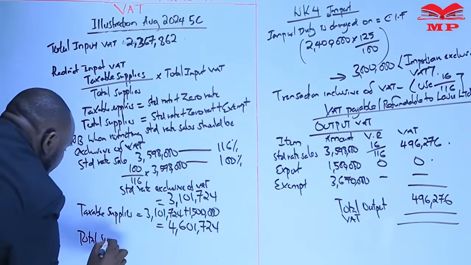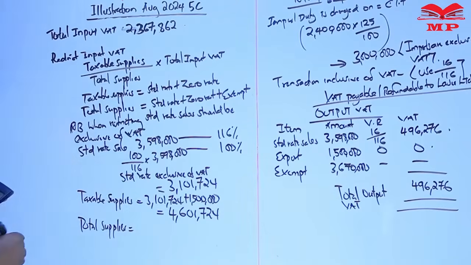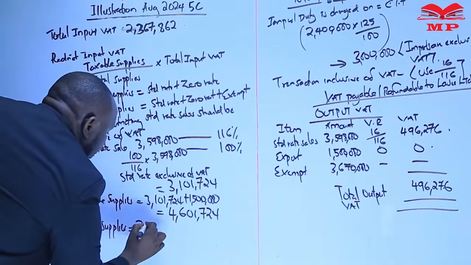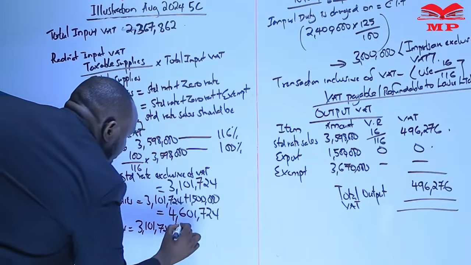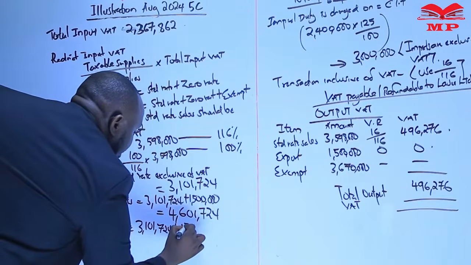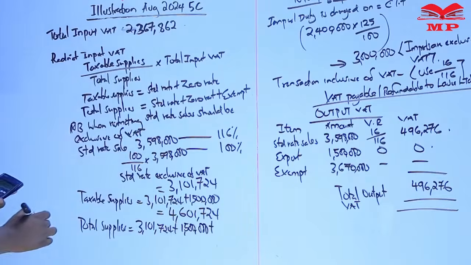Then you can have total supplies. Total supplies should be standard rate, which is 3,101,724, plus zero rate, which is 1.5, plus the exempt.